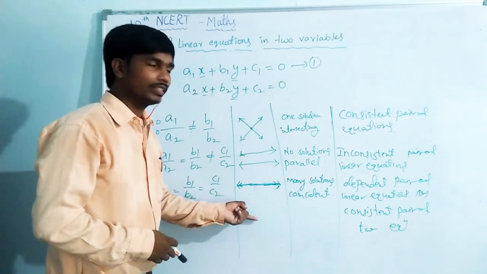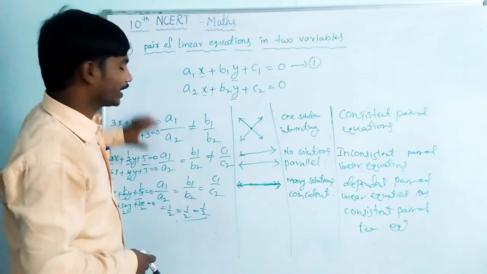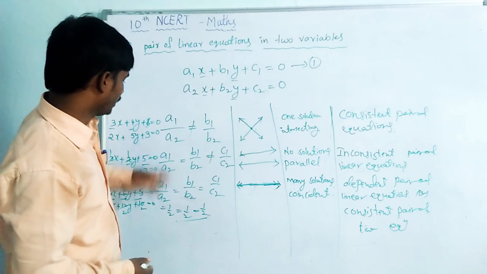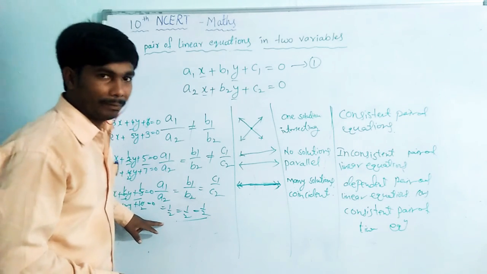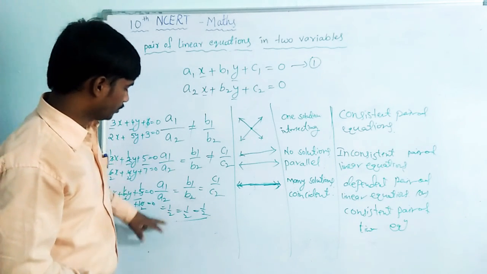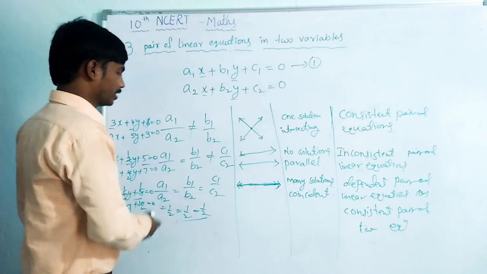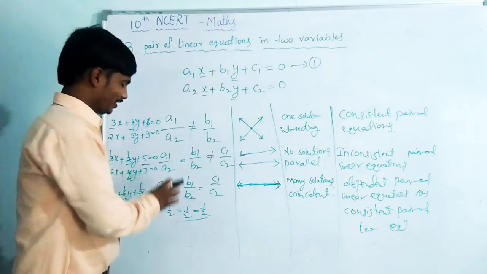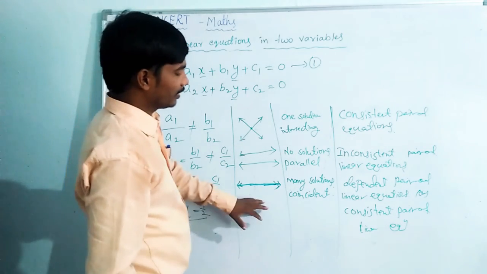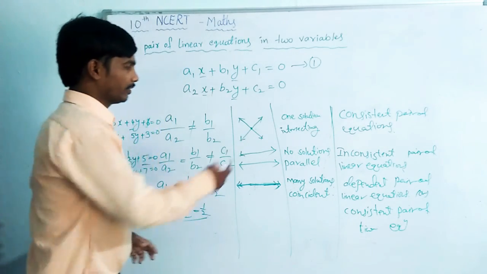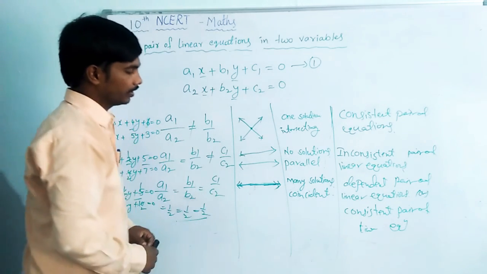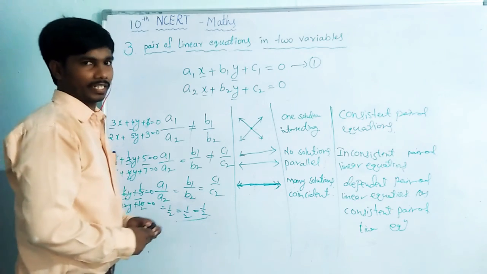But here, without the graphical representation, with the comparison of the coefficients of the x and y variables, we told that the pair of linear equations are intersecting in the first case, parallel in the second case and coincident in the third case.